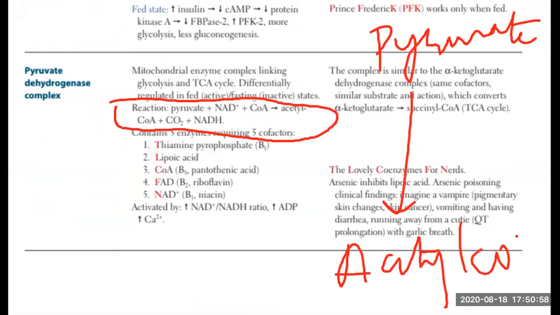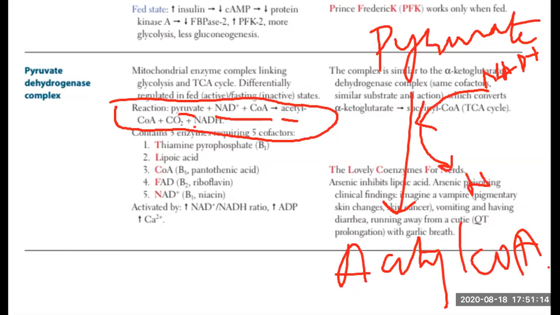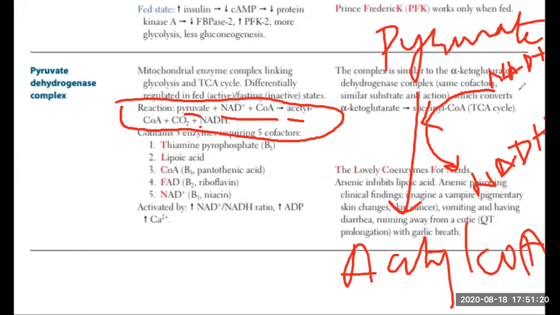Okay, and what is happening now is you are converting the pyruvate into acetyl-CoA. So what are you adding? You are giving in NAD positive. Okay, that NAD is converting into NADH. I told you, a proton.